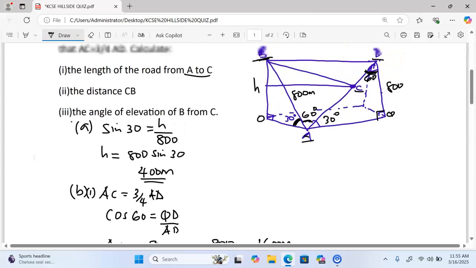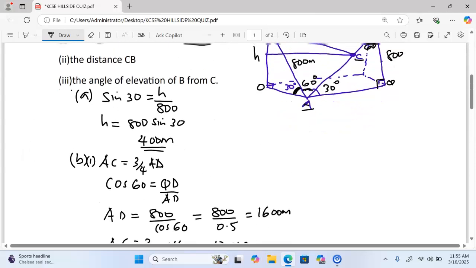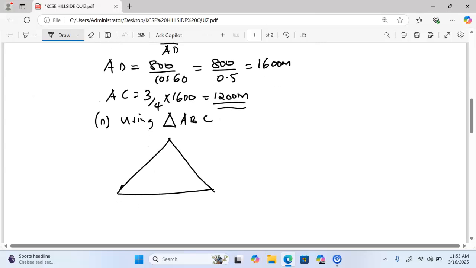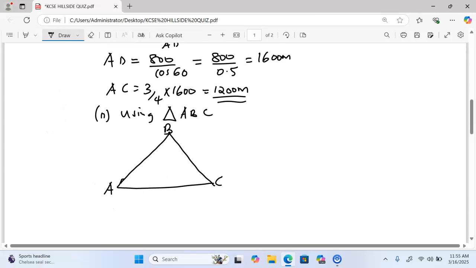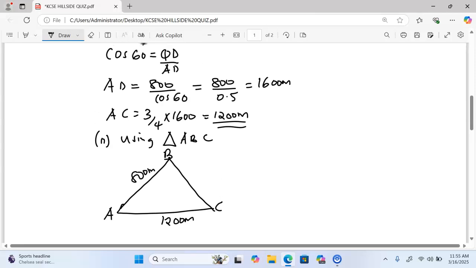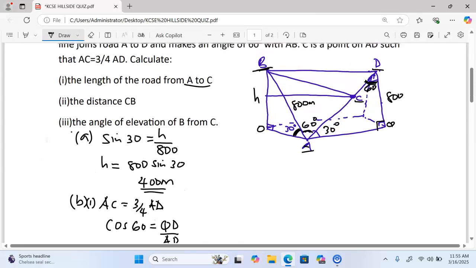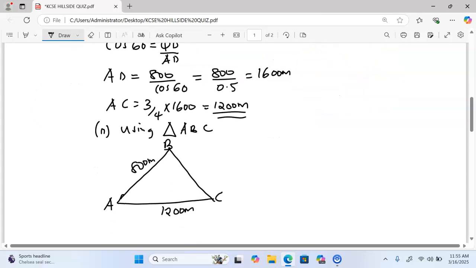where we have A here, we have B, and we have C. We already have AC as 1200 meters, AB is 800 meters, and the angle A is 60.